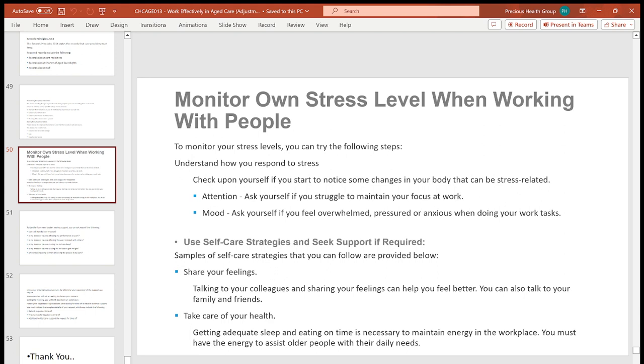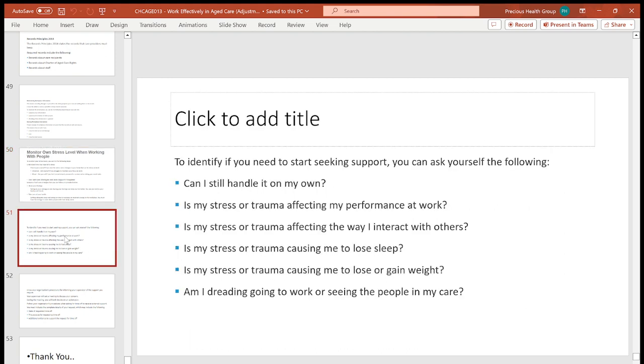Take care of your health. Getting adequate sleep and eating on time is necessary to maintain energy in the workplace. You must have the energy to assist other people with their daily activities, so it is very important that you look after yourself.